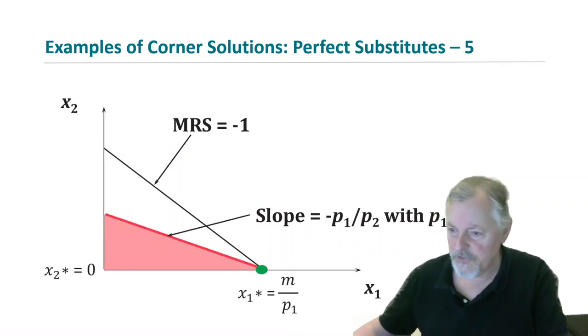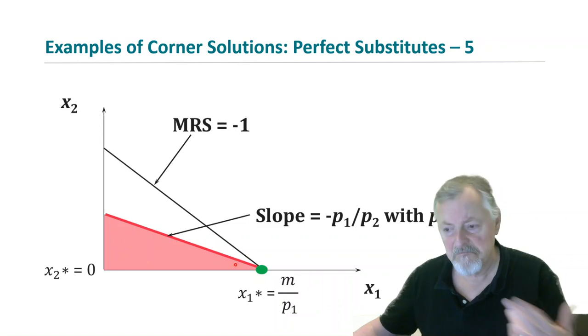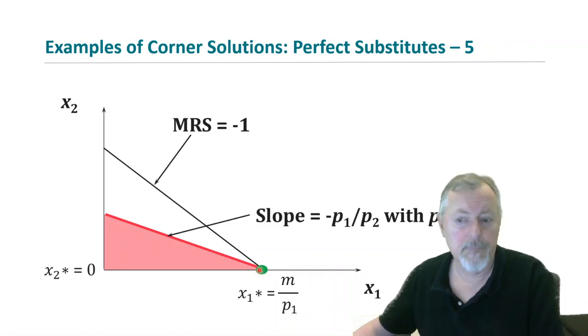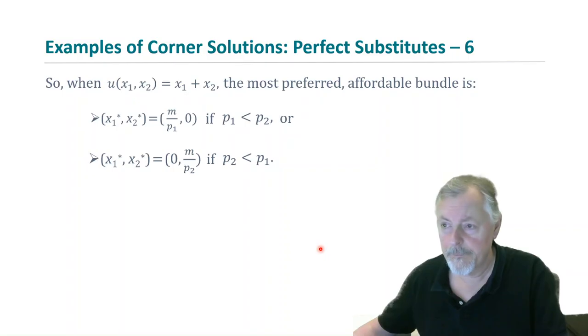And if the prices were different, they might end up here with 0 of x2, purchasing no oranges and spending all their money on apples, depending on the relative prices. So, well, that's pretty much what I just said.